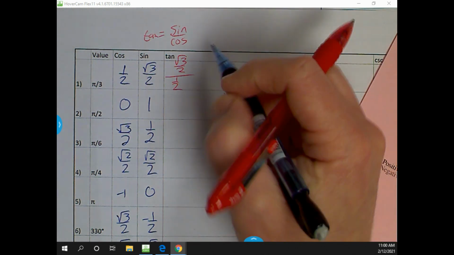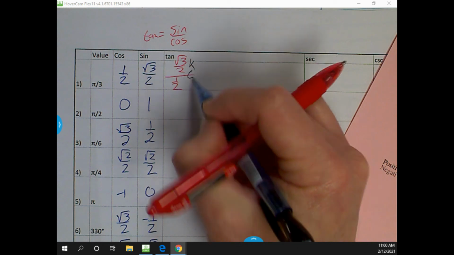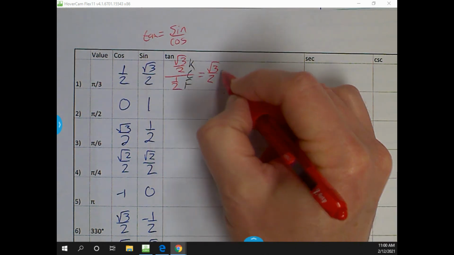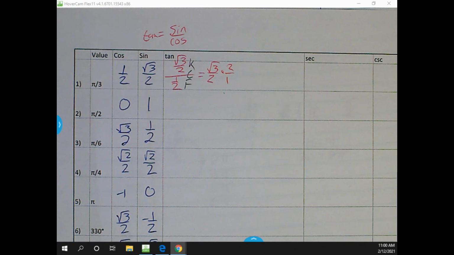Okay, and then we're going to go back to what we were doing just a minute ago. We're going to keep it. We're going to change it. And we're going to flip it. So that's going to make it square root of 3 over 2 times 2 over 1.